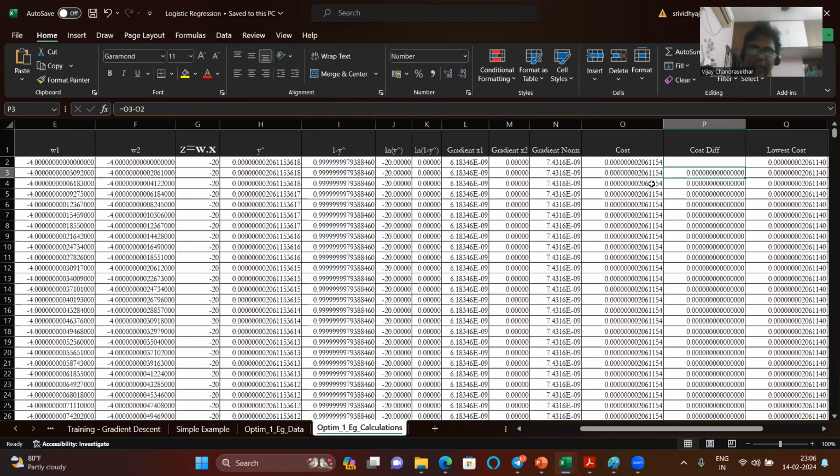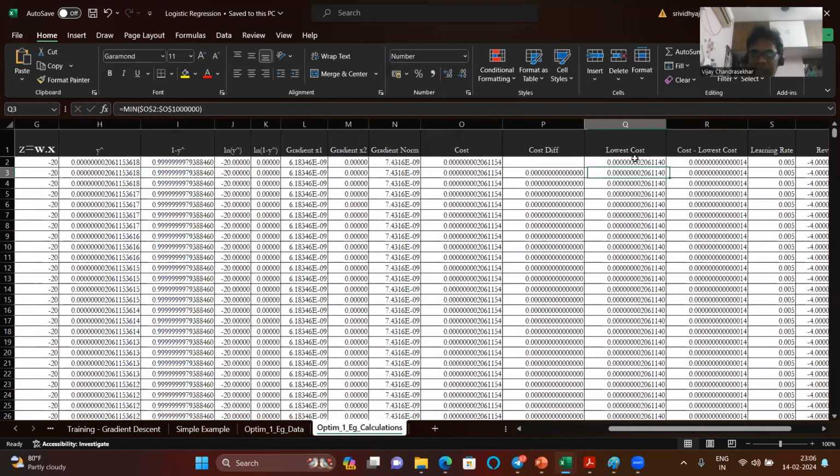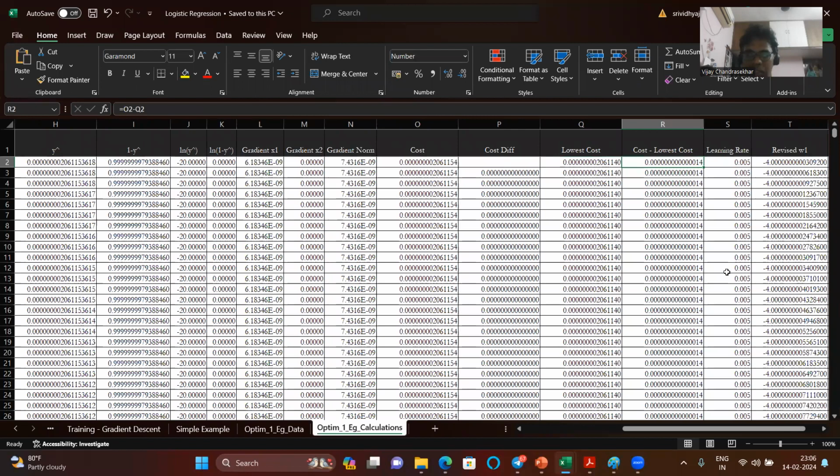The cost diff is nothing but, as my cost changes, the difference in cost. So this is the current cost minus the previous cost. Then I have one function called the lowest cost. There are 50,000 rows here, and it just calculates the lowest amongst that lot. Ignore cost minus lowest cost; it's not particularly important.